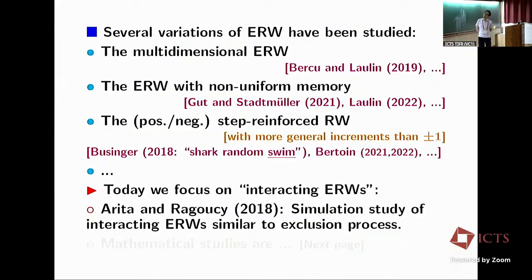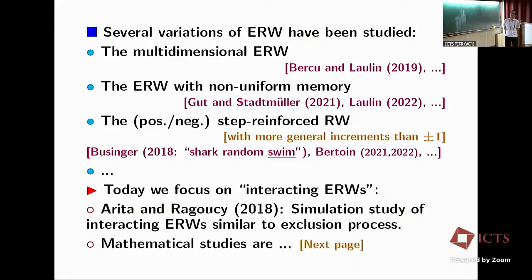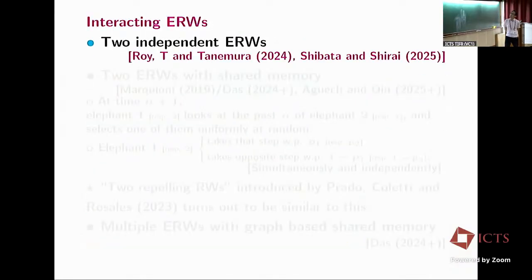The title is Interacting Elephant Random Walk, but this contains the case with zero interaction. I will explain some results on this case also in the next subsection. And this is introduced in the very first part, two elephant random walks sharing memory.